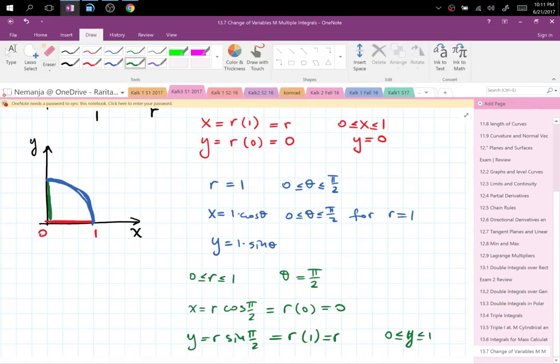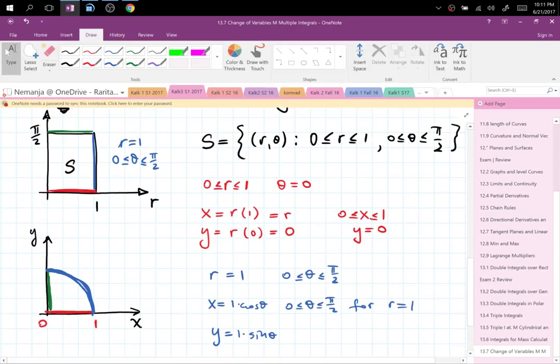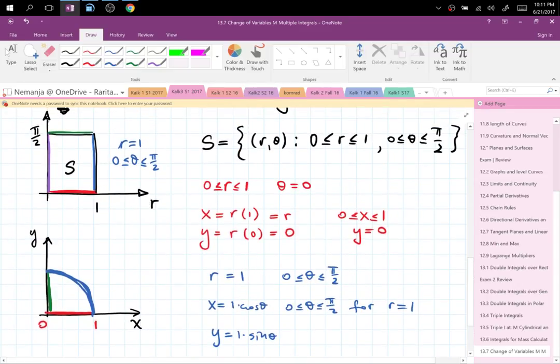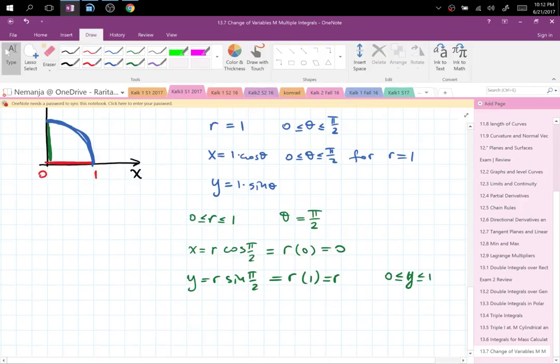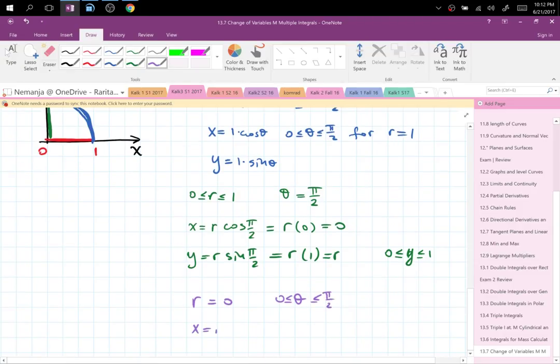And the last part is to talk about the purple one, which is the edge over here, where we see that r is always 0. If r is equal to 0 and theta is between 0 and pi over 2, well, x equals r cosine theta is going to be 0, and y equals r sine theta is also going to be 0.